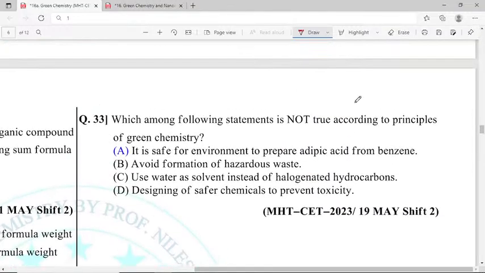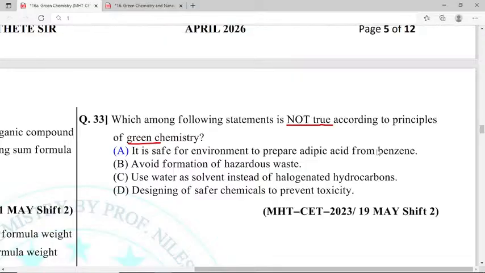Next question. Which among the following statements is not true according to the principle of green chemistry? It is safe for the environment to prepare adipic acid from benzene. No, adipic acid is not prepared from benzene; it is prepared from glucose. So this is not true.